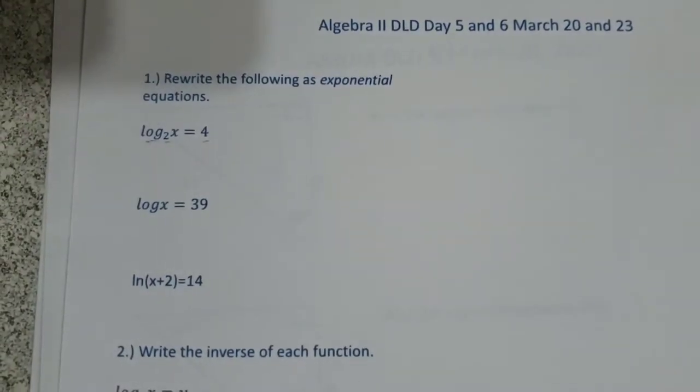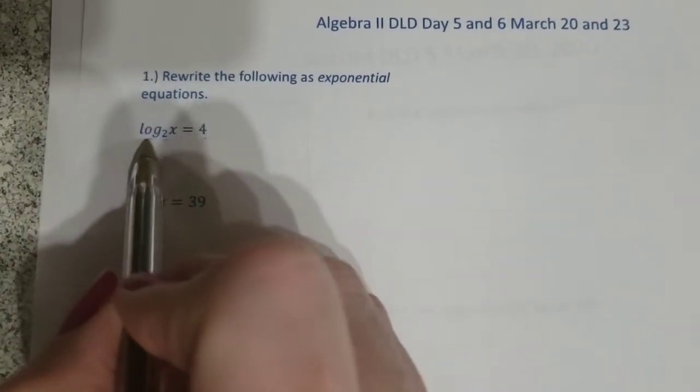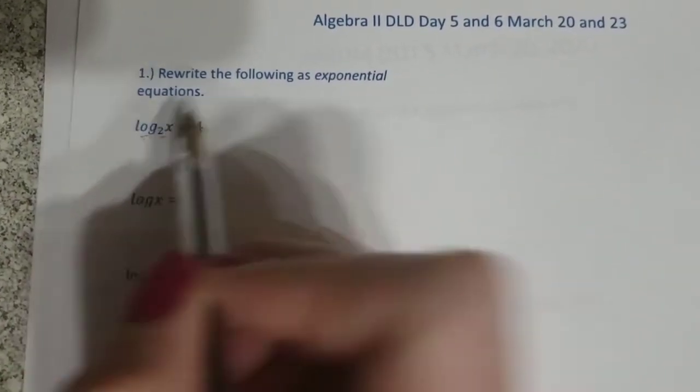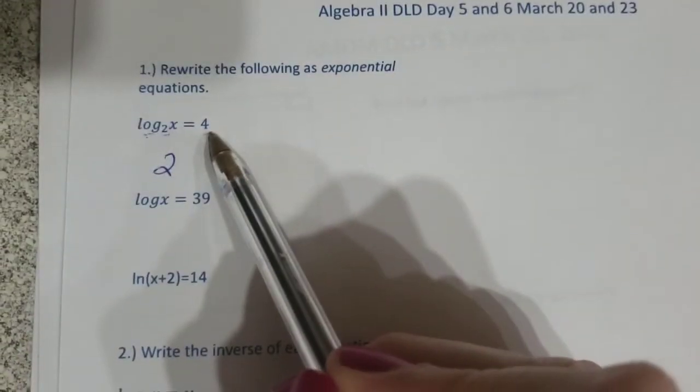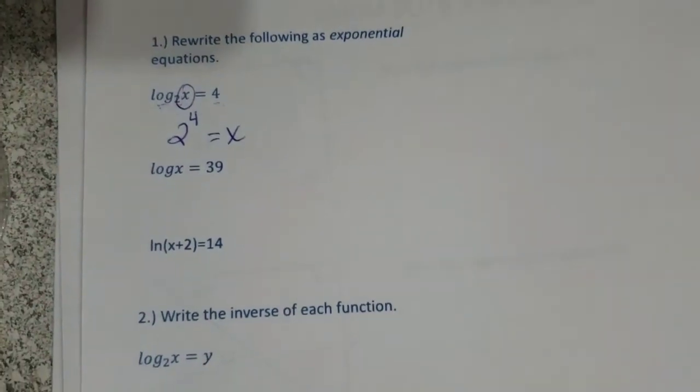So I know just by the structure of this log function that 2 is going to be my base. So 2 is going to become my large number. I know that this number here is my exponent, so 2 to the 4th power, and that leaves my x, my argument, going over here on the other side.